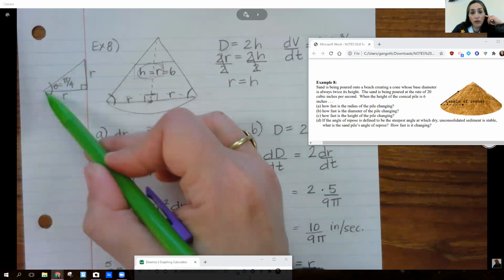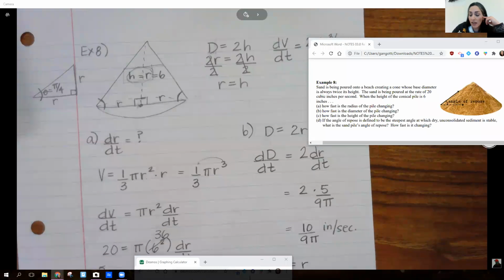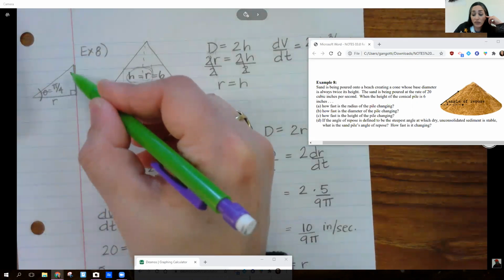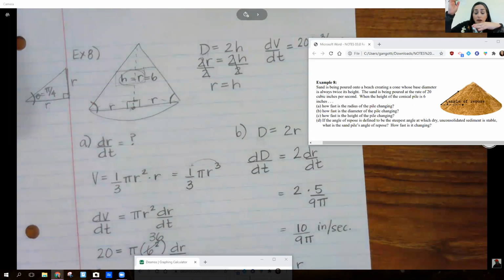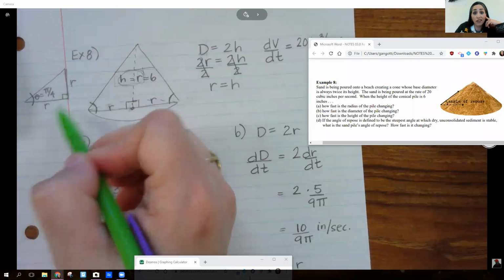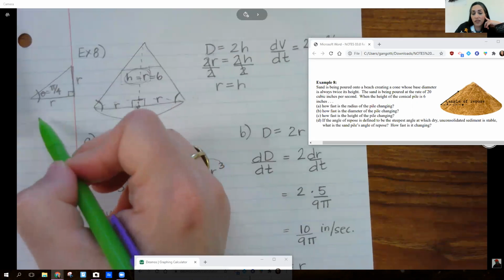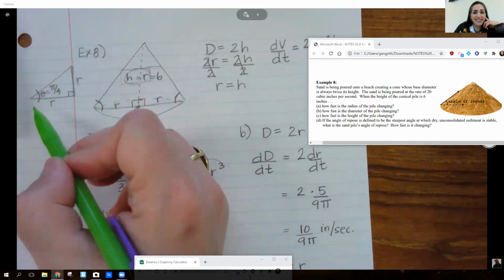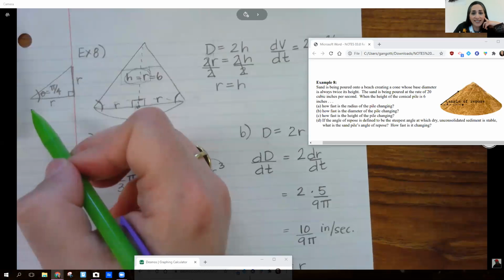If the bottom side grows faster, the angle gets smaller. If the height side grows faster than the bottom, then the angle gets bigger. But these are stuck in this ratio. So therefore, this angle is also stuck. So it's not changing. So how fast is it changing?